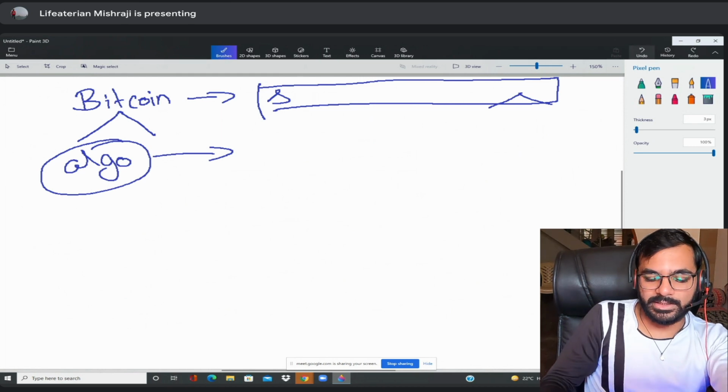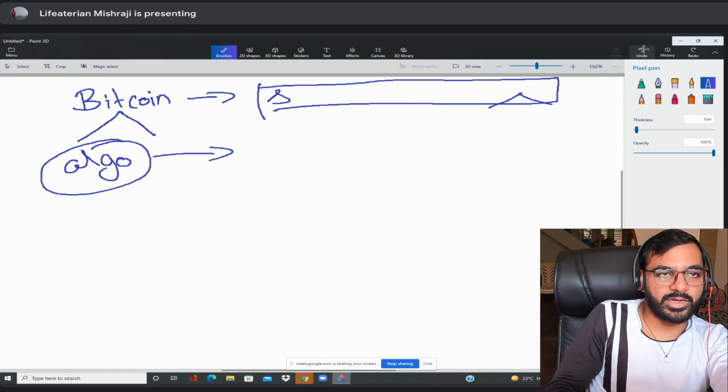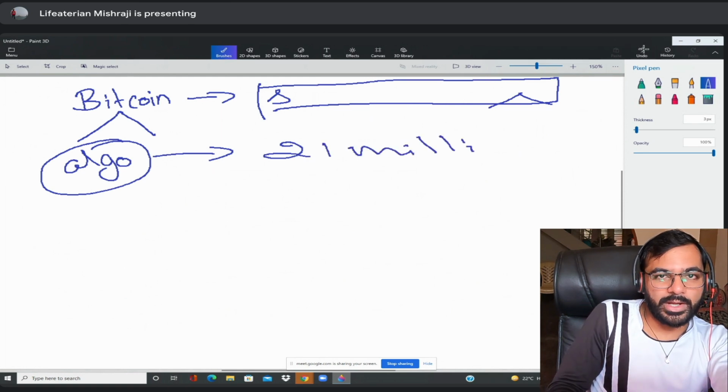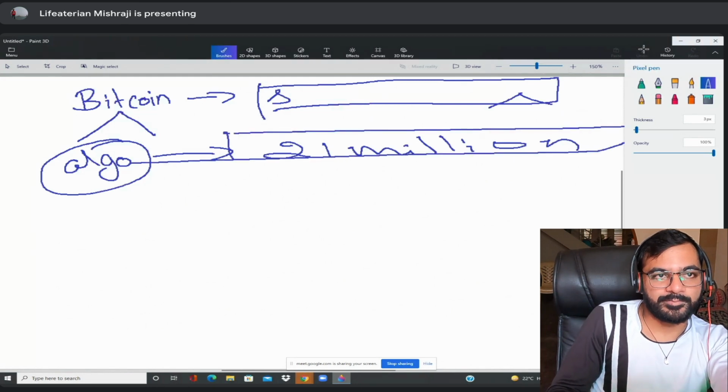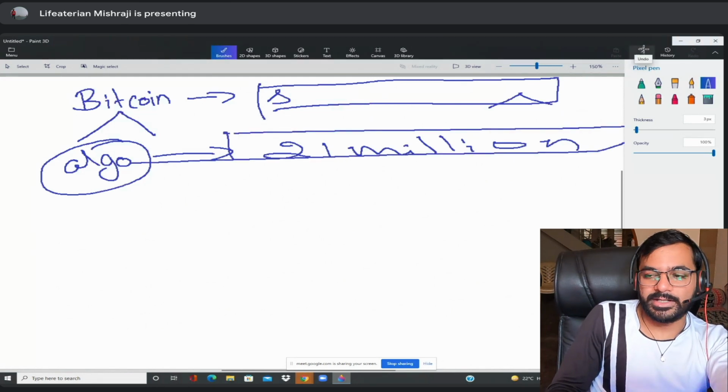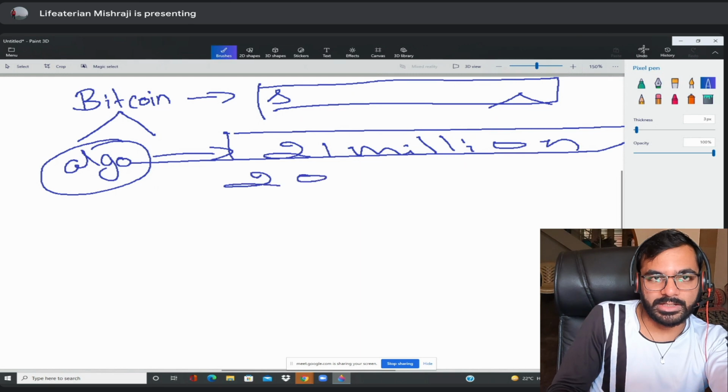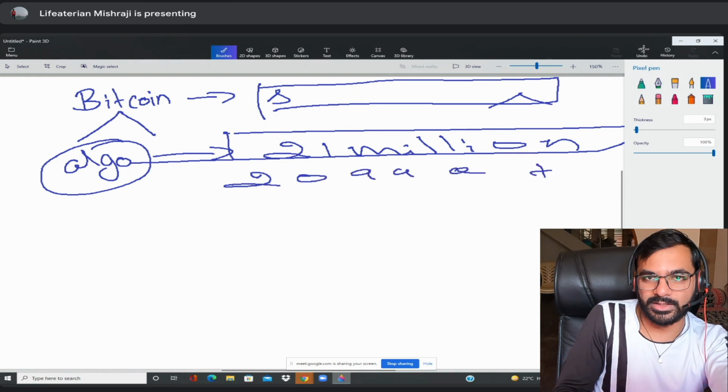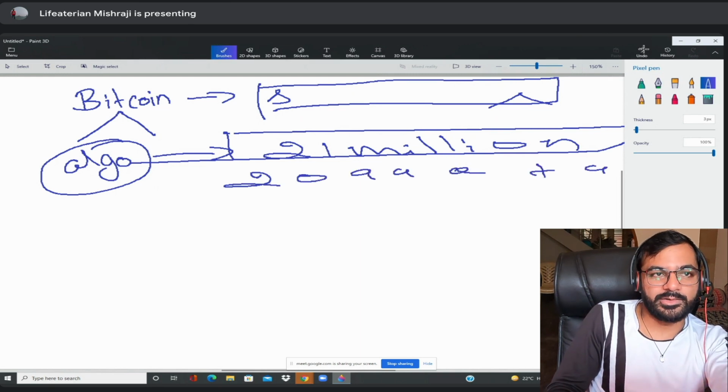In that code he has written 21 million is the maximum Bitcoin they can ever have. That algorithm can create only a maximum of 21 million Bitcoins. It is not exactly 21 million, it is something like 20,999,999 and some, so roughly approximately 21 million.